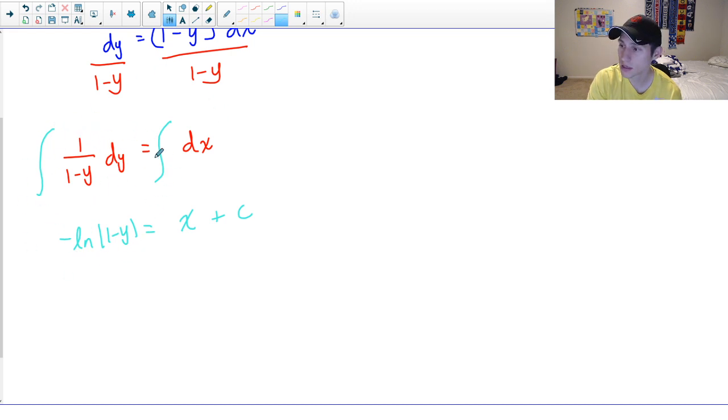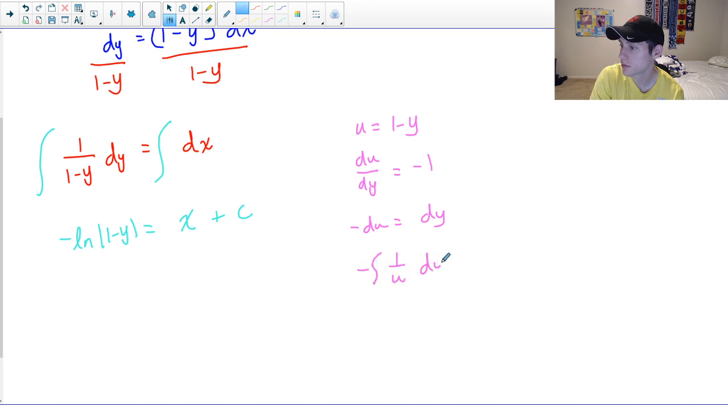What this is on the left side is sort of like a fast-forwarded u substitution. If I did u equals 1 minus y, du/dy equals negative 1. So negative du equals dy. So the integral of 1 over u, negative du.